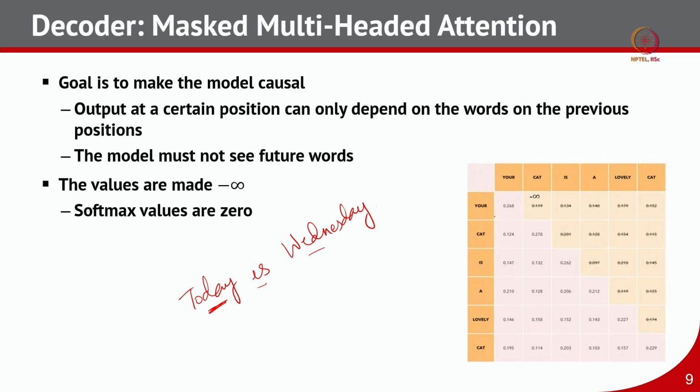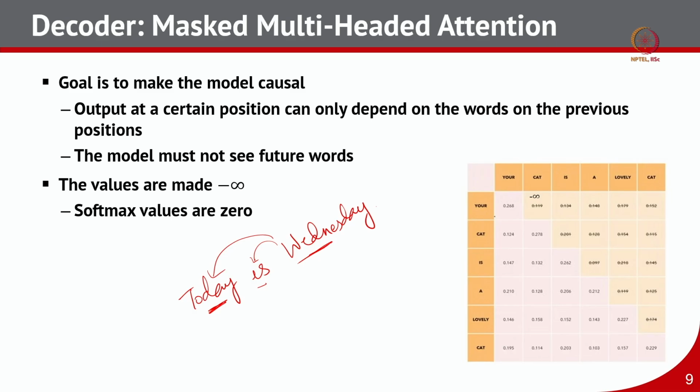When we say the model is causal, that means it should not have any visibility on the future words, right. It makes sense. That means output at a certain position can only depend on the words in the previous positions. So, whenever this word Wednesday is getting generated, it should have visibility of is and of today. So, it should depend on the output which was generated in the previous positions, right.